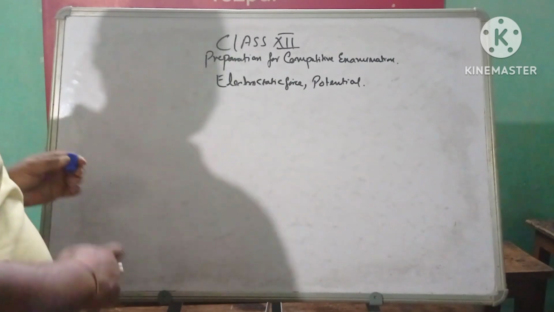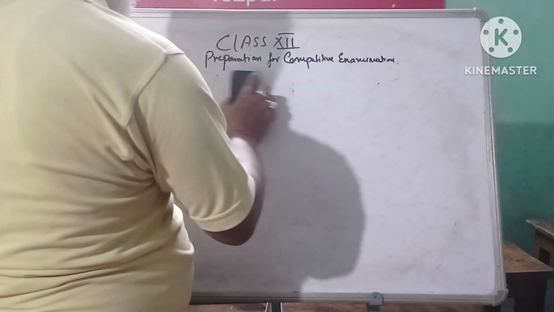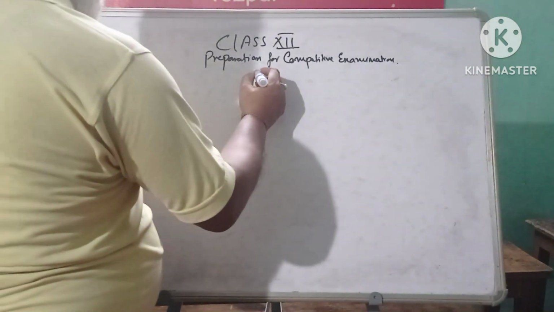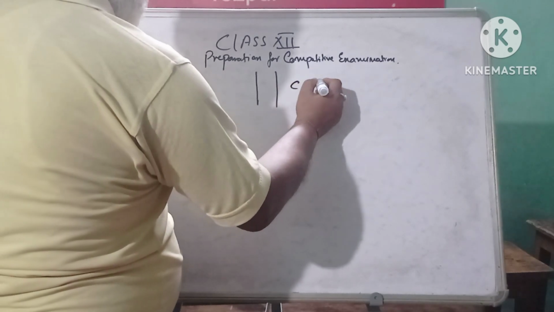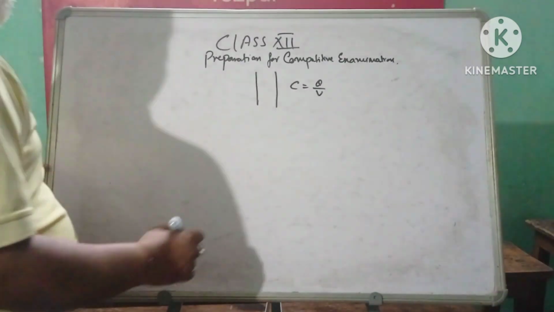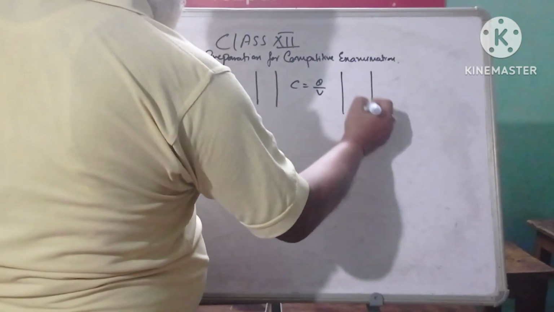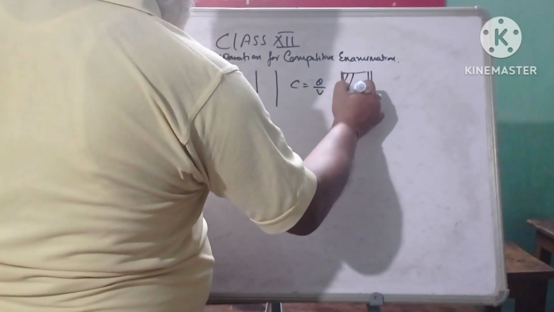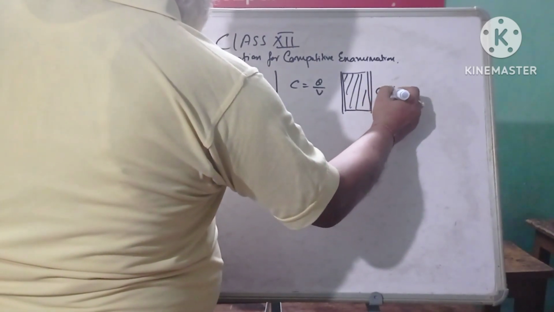Here you know that the capacitance formula is C equals Q by V. Now when I have inserted a dielectric here, the capacitance will be C naught equals Q by V naught.